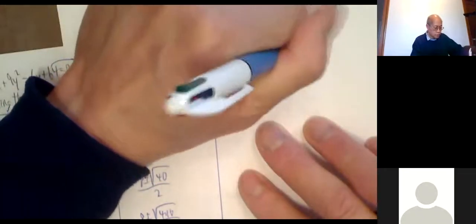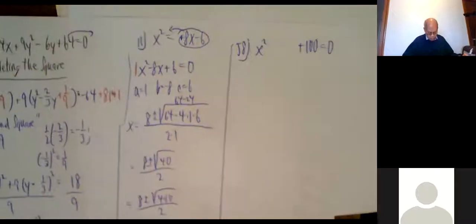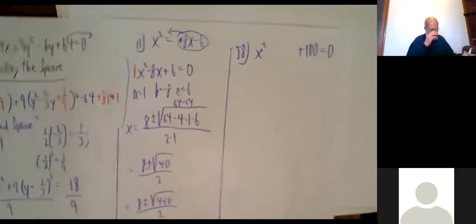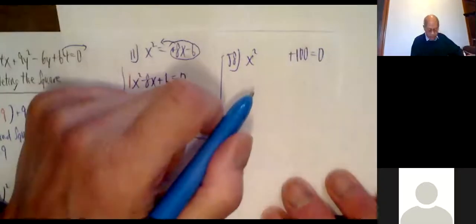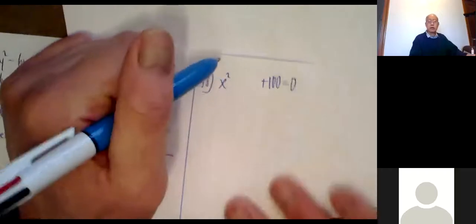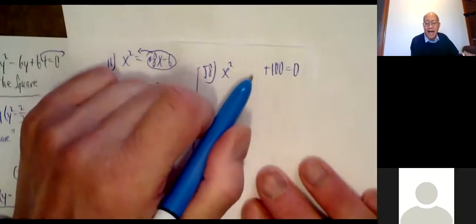This does illustrate something. x squared plus 100 equals 0. There's a reason why I'm writing it like that. x squared plus 100. They don't give me any x.